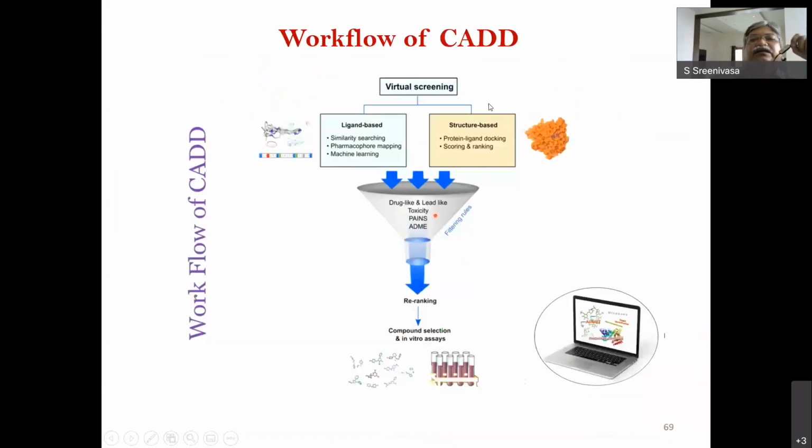Okay, workflow of this CAD. In this workflow, the structures of various ligands are known. Let us assume that we know the structure of paracetamol. Okay, we know the structure of paracetamol, right? It is a simple structure.